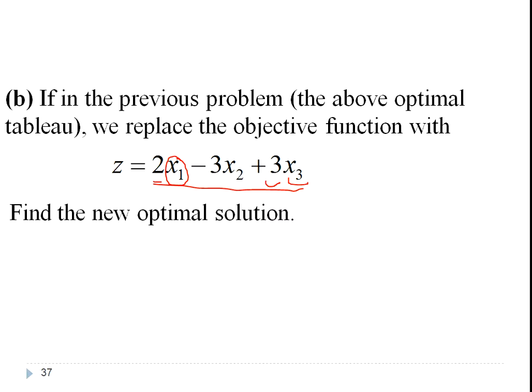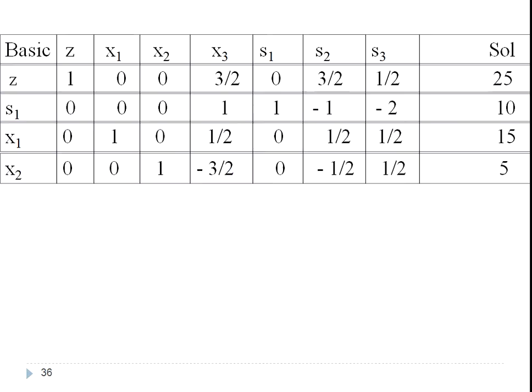We all know that whenever there is a change in the coefficients of the objective function, that leads to change in CB, and that also leads to change in C. Here the CB corresponds to S1, X1 and X2 coefficients.